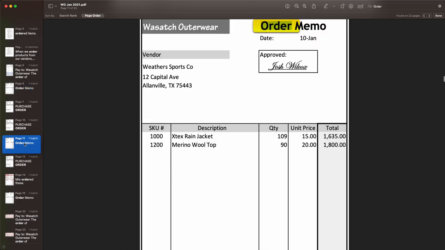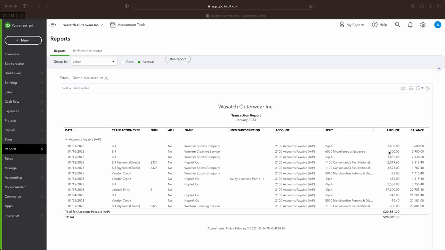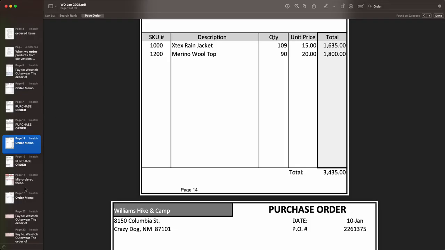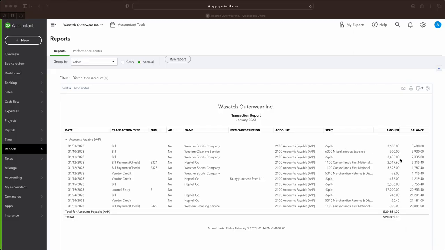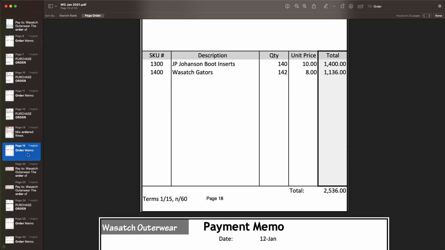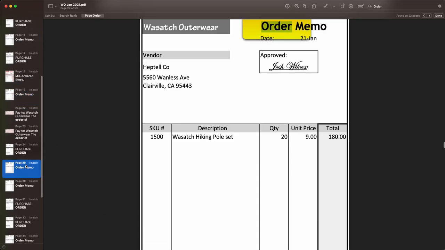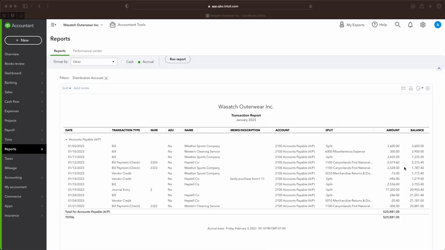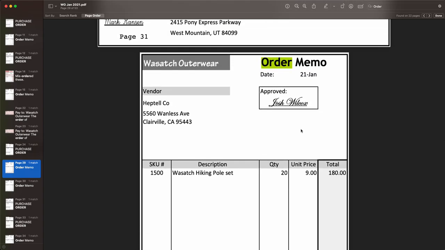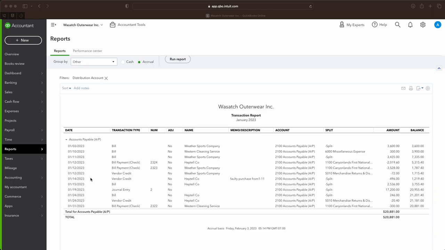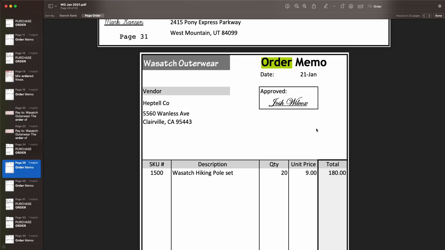Let's go to the next order memo, 3434. Yeah, we have that one. We have this order memo. We have 2535. Yeah, 2536. We have this one, 180. What is this 180 order memo? Heptelco, January 21st. January 21st. So there's one.